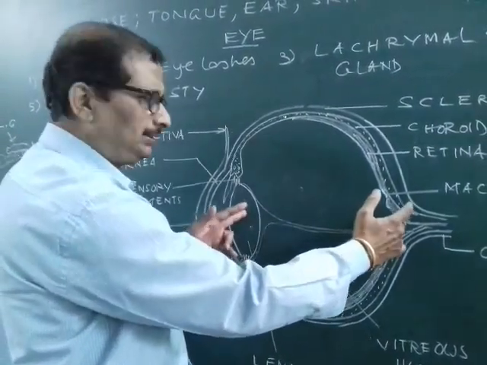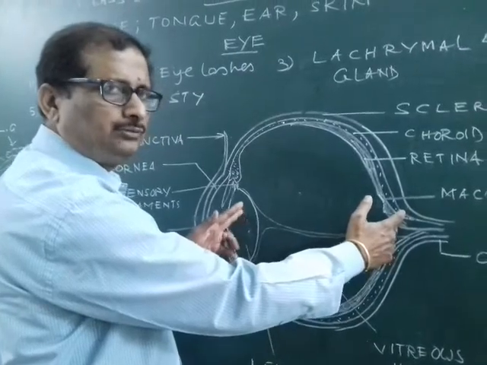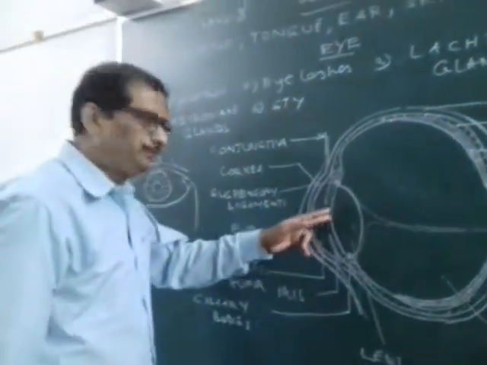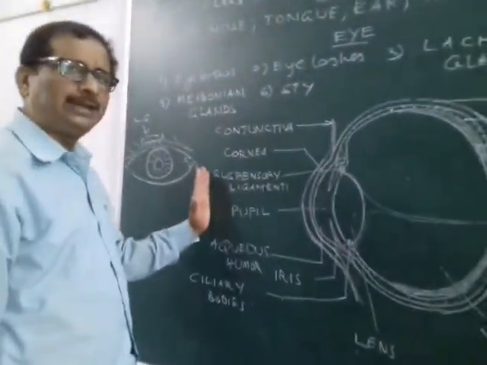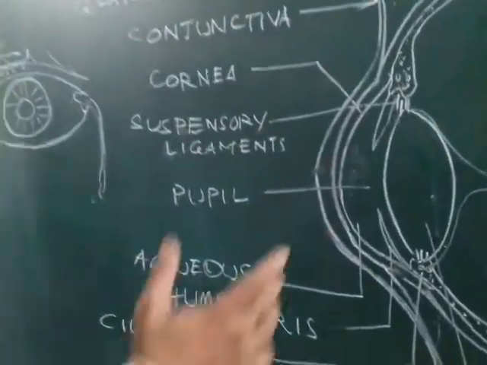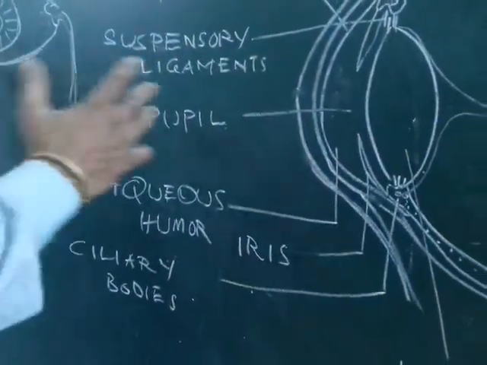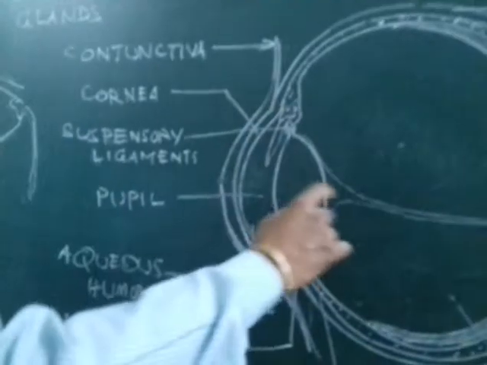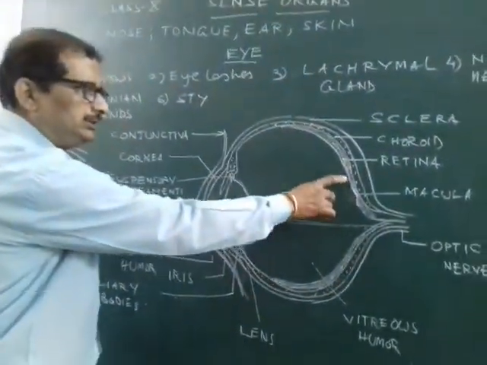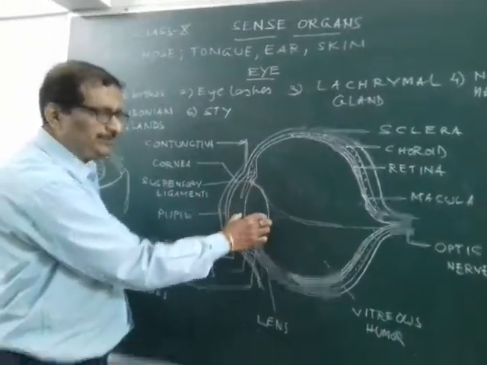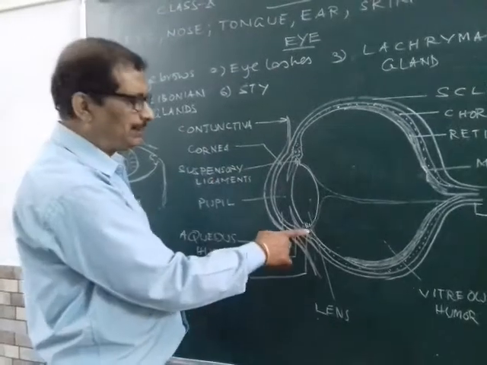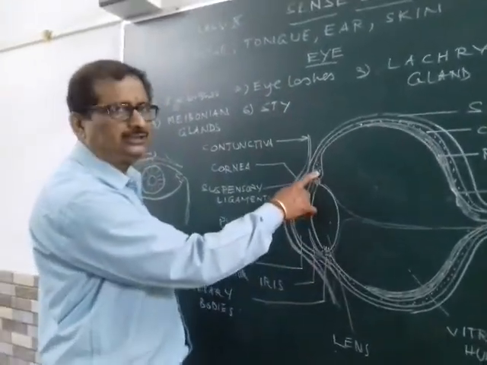That length cannot change, but the object distance varies, because the object can be placed at a nearby place or at a far off place. So since the object distance varies, the image distance is constant. Only if we can change the shape of the lens can we focus the object correctly on the fovea centralis of the macula. So the shape of the lens is changed by the suspensory ligament and the ciliary bodies.